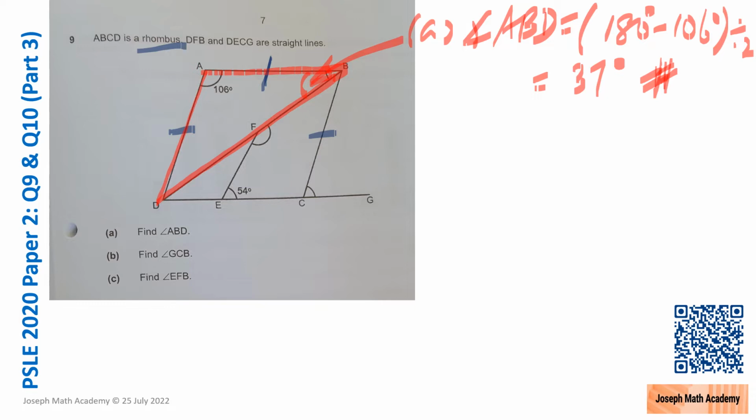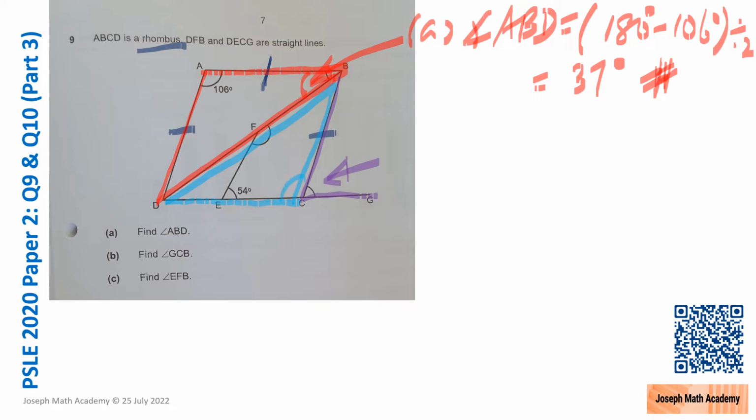Now, I'm going to move on to part B. Part B is to find angle GCB. GCB is here, this angle here. Now, this angle is also easily found because it is very related to the isosceles triangle here, highlighted in light blue. We all know very well that within a rhombus, the internal opposite angles should be the same.